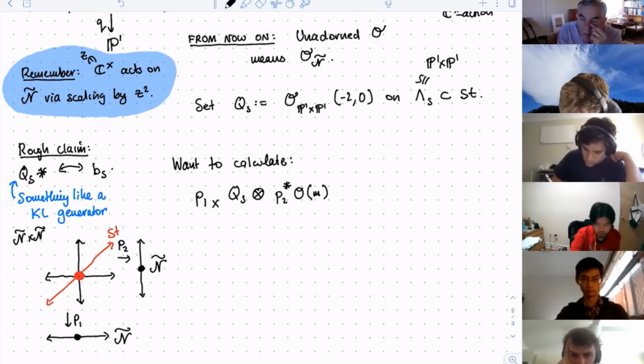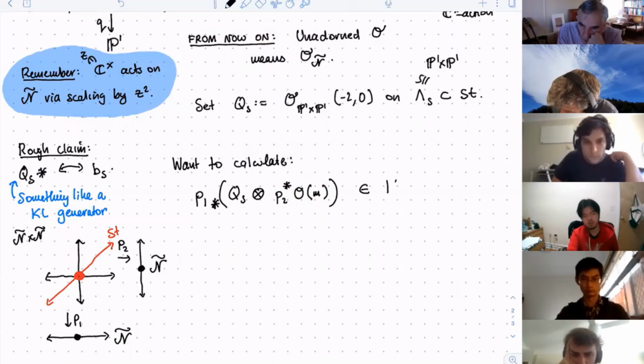And take the push forward. And we want to know what this is in K-theory.